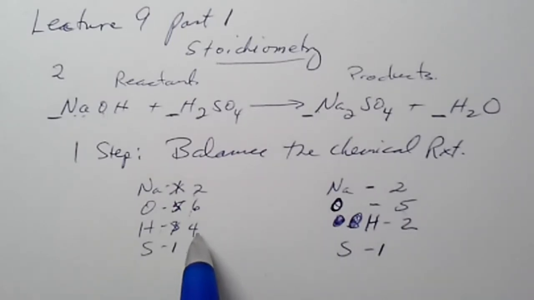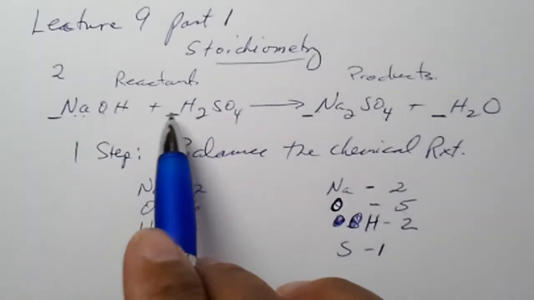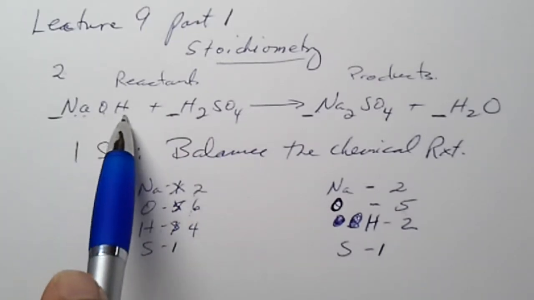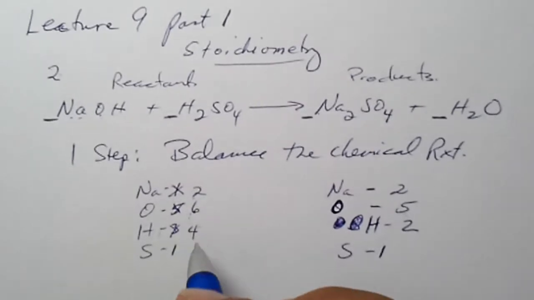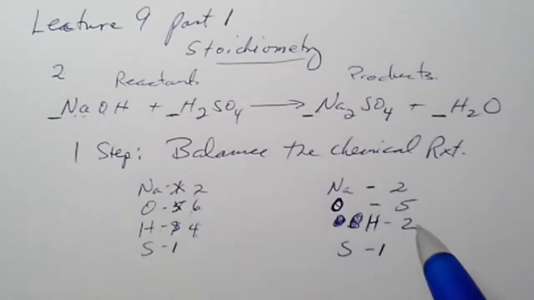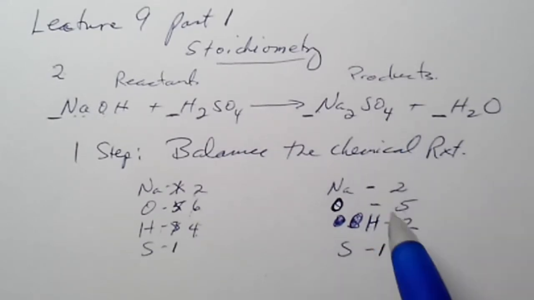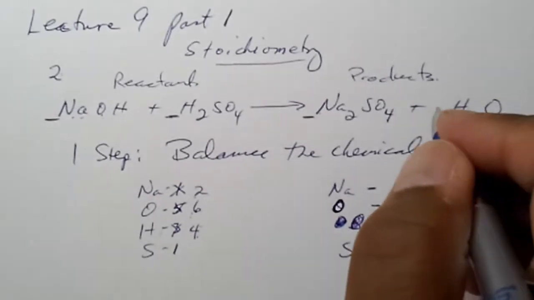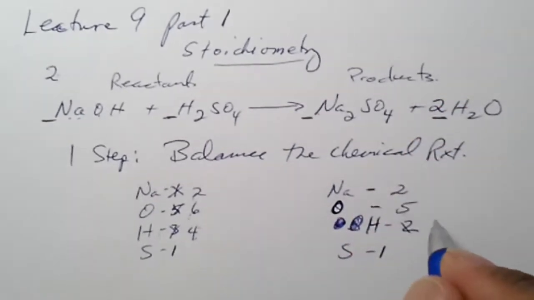Let's look at hydrogen. Hydrogen, we have 2, 4, because of our 2 in front of sodium, we now have 4 hydrogens. And on this side, we have 2. So we need 2 more to make this 4.